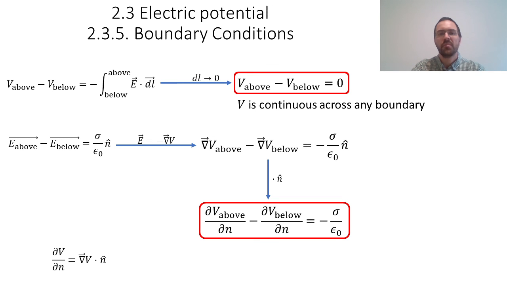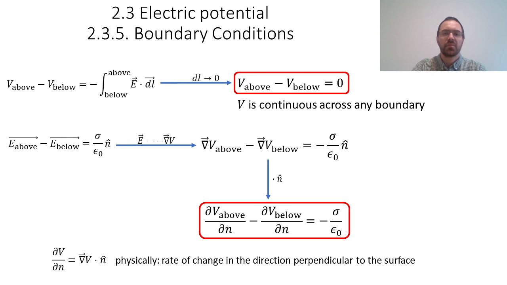This notation, partial V over partial n, is the same as the gradient of V dot n hat. And physically, it represents the rate of change in the direction perpendicular to the surface. So we found that V itself is continuous, but its variation in the direction perpendicular to the surface is discontinuous.